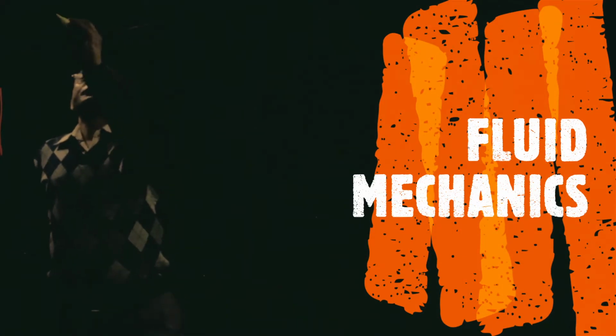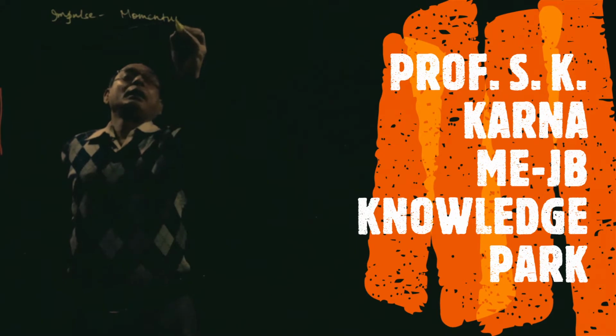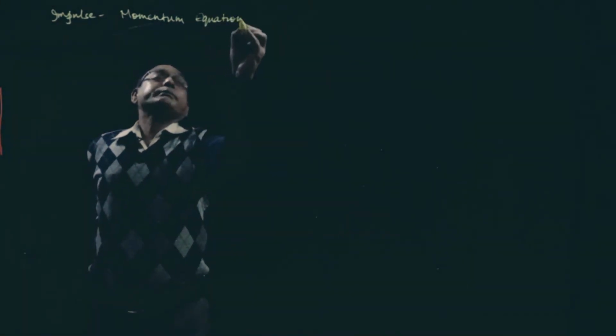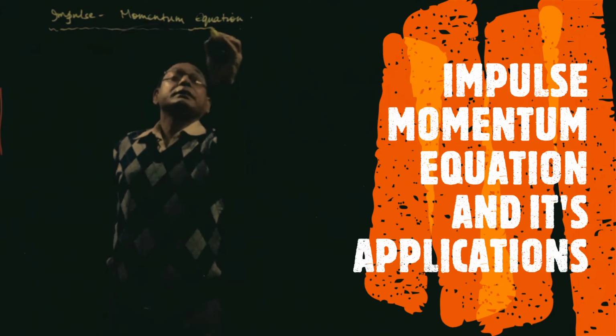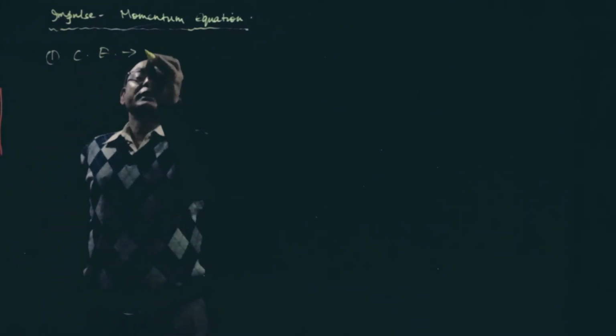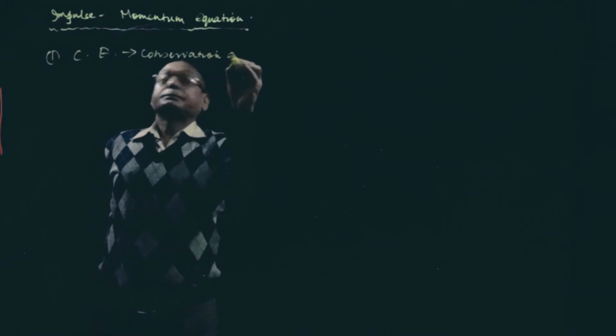Now I am going to discuss the impulse momentum equation, or relations. As I told you, in fluid mechanics there are three important equations. One is called the continuity equation, that is based on conservation of mass.